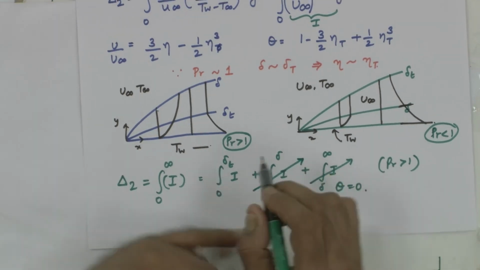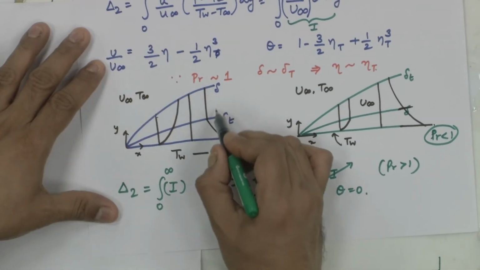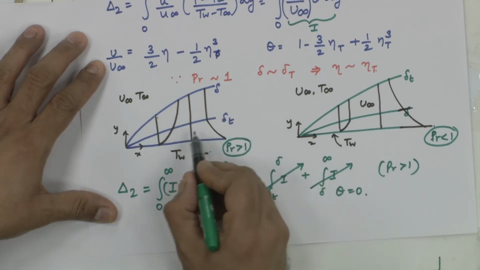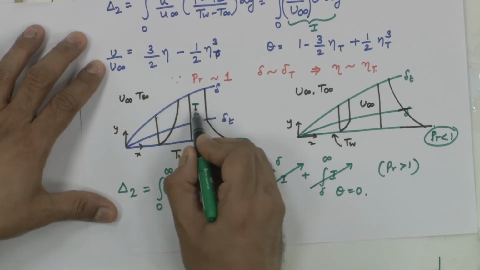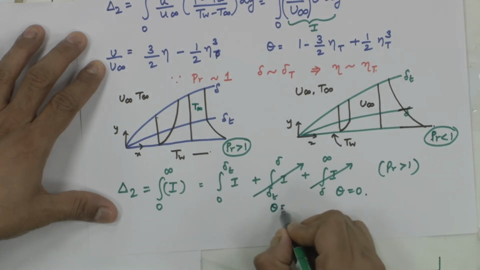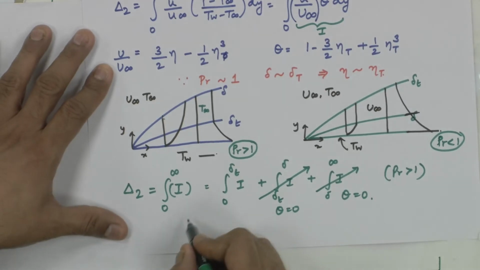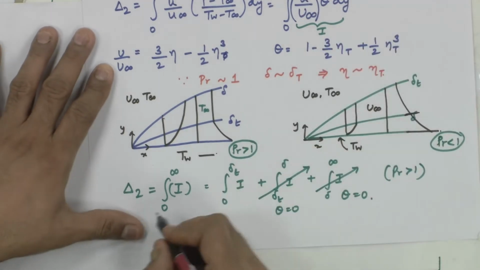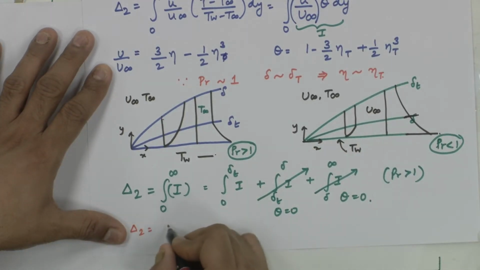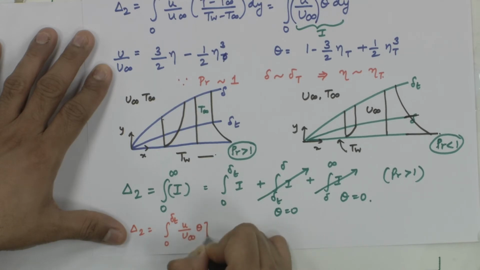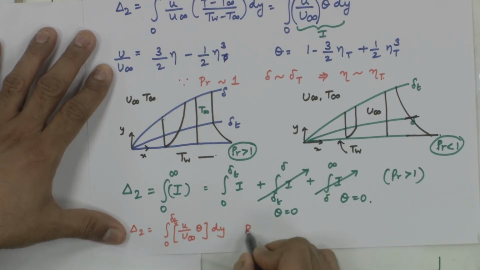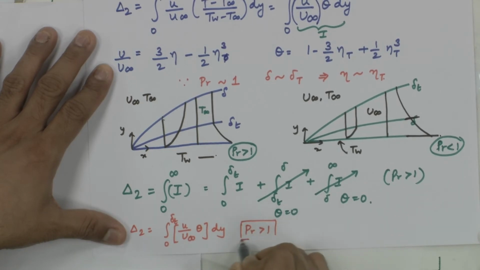Here also, in this portion, theta is equal to 0 because T equal to T infinity already. So theta equal to 0 here, enthalpy thickness is 0. So for Prandtl number greater than 1, delta 2 is sufficient to evaluate between 0 to delta t.